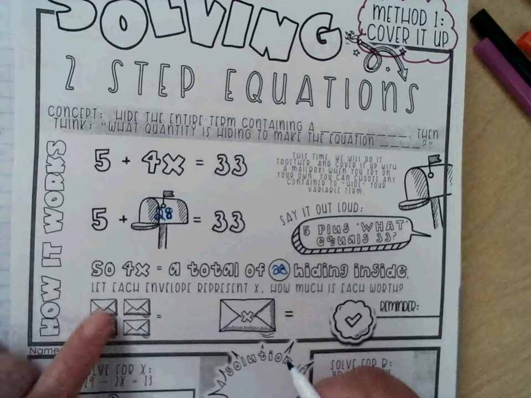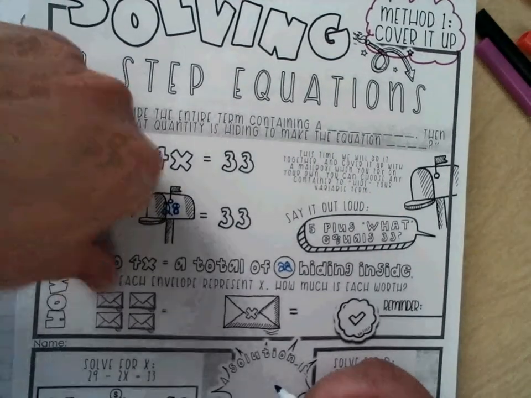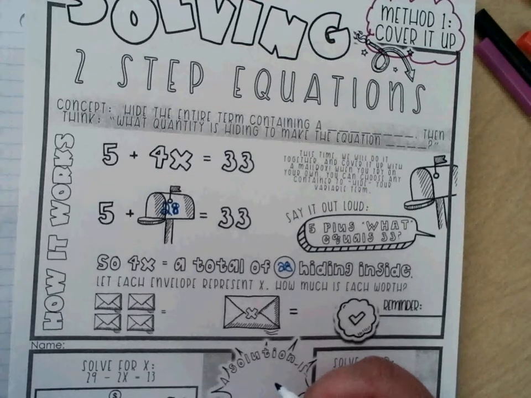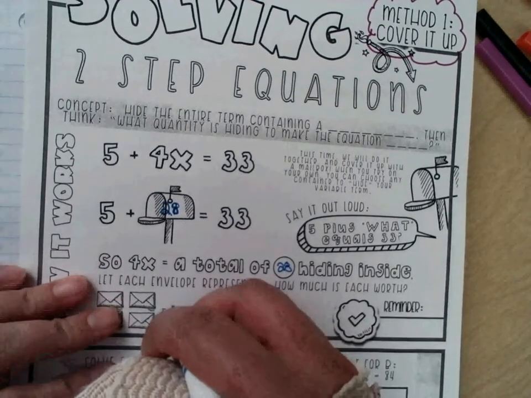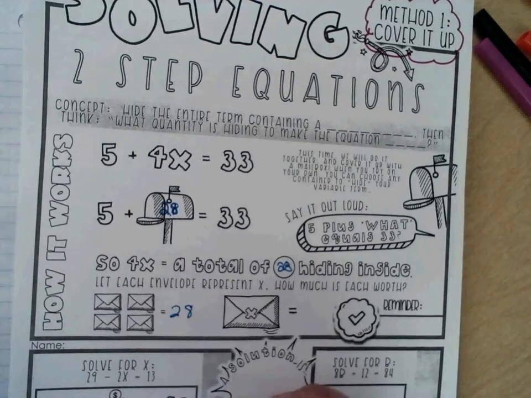So it says let each envelope represent x. So each envelope is x. So all 4 envelopes together have to equal 28. So how much does there have to be in all of it? Well, let's see here.